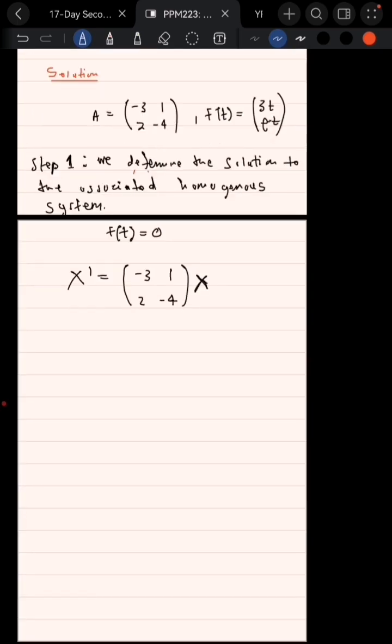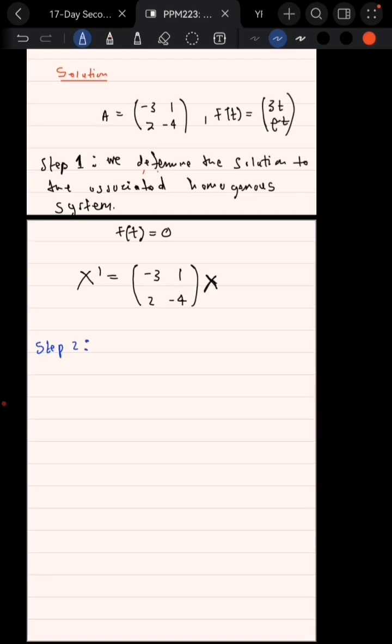When finding a solution to a homogeneous system, the first step you have to take is to determine the eigenvalues and the associated eigenvectors. Step 2.